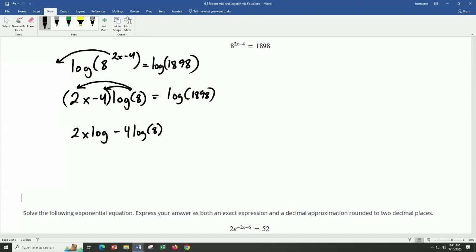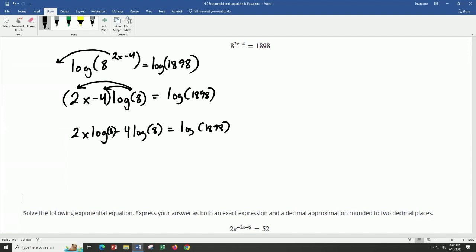A lot of logs. I want to make sure I'm doing everything correctly. Yes, I forgot to put the 8 right here. Equals log 1898.